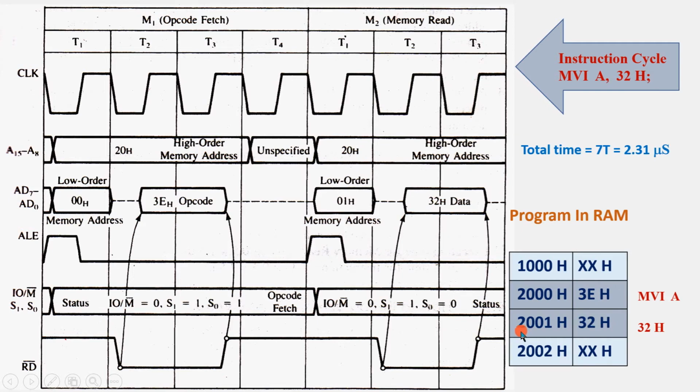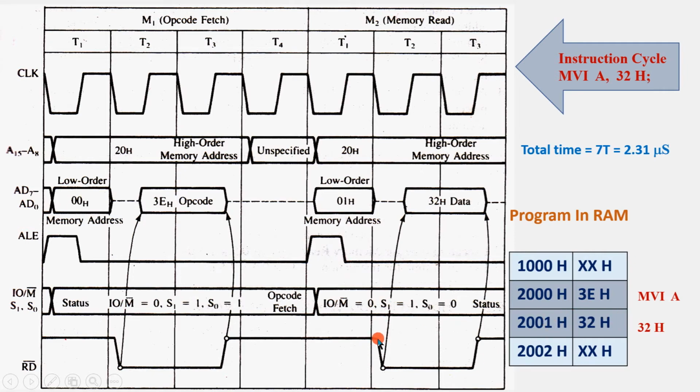32 is at the address 2001, and therefore after this first machine cycle it issues again the next address, 2001, and ALE goes high. So when the address 2001 is issued along with address latch enable, this location is selected.